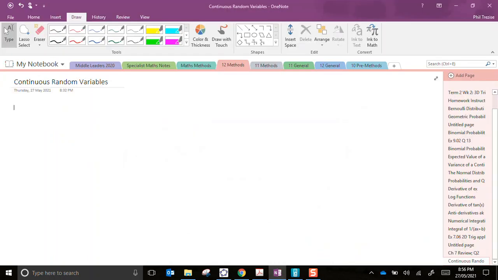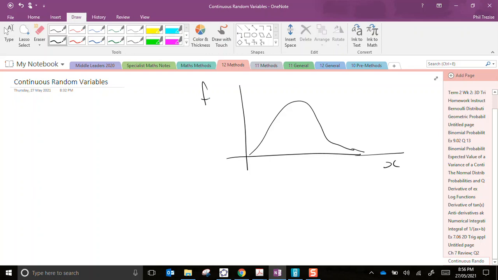So let's define the idea of a continuous random variable where we have some function that behaves like this. Now this would be the x-axis and this would be our function. As long as our function never went below the axis, that would be okay because probabilities can never be negative. The other thing we would have to remember is that the area under the function represents all the possible outcomes, and so that would be a probability of 1.